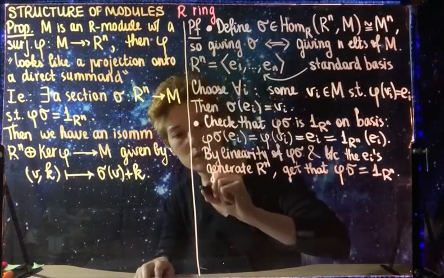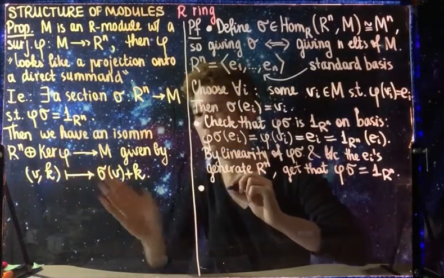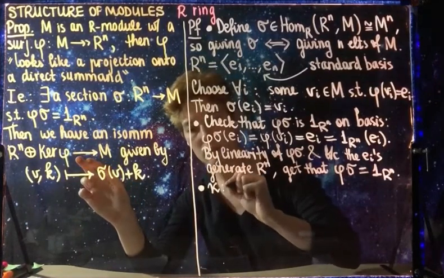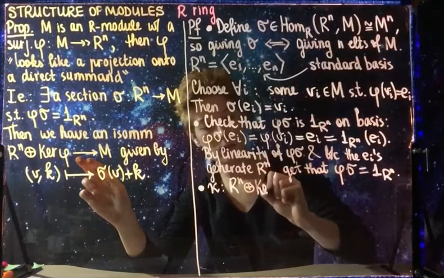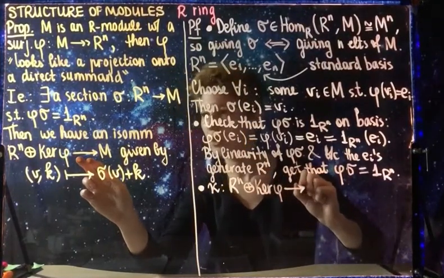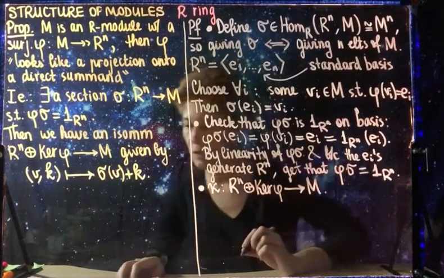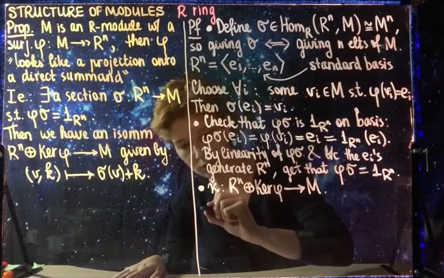And now I want to prove that this is an isomorphism. So I denote this homomorphism by kappa, from R^n plus the kernel of phi to M. And first, I describe its kernel.